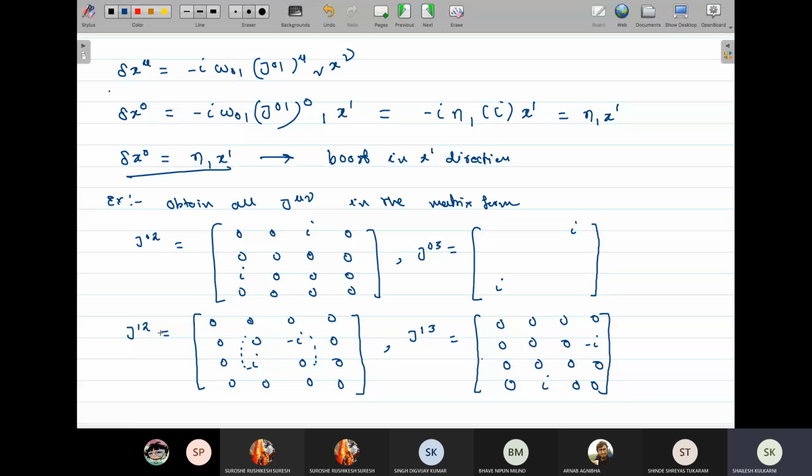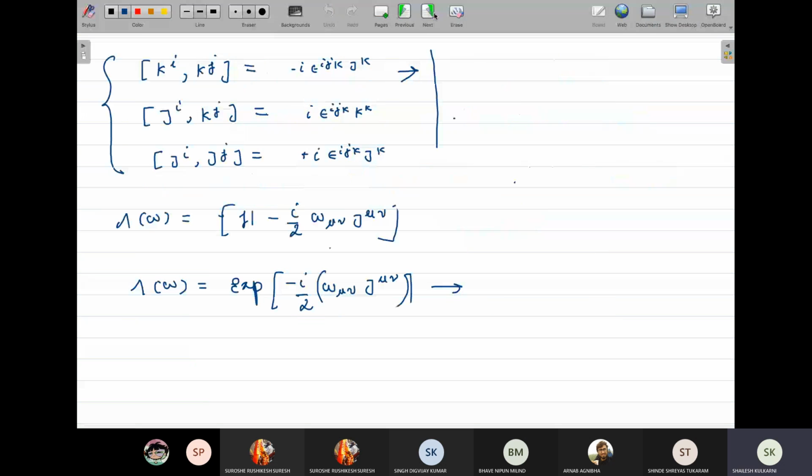So J_12 is Hermitian. So you have Hermitian rotation generators, but anti-Hermitian boost generators.